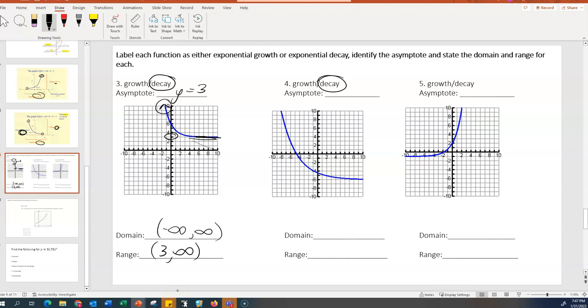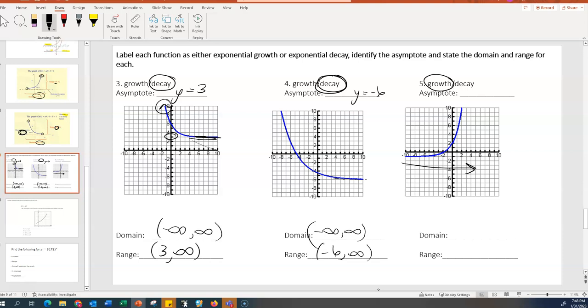This is another decay function. My asymptote, you can see it kind of flattens out here at y equals negative 6. Domain, negative to positive infinity, and my range will be no lower than negative 6 and still go to positive infinity. Number 5, as we move towards the positive x values, we're going up.